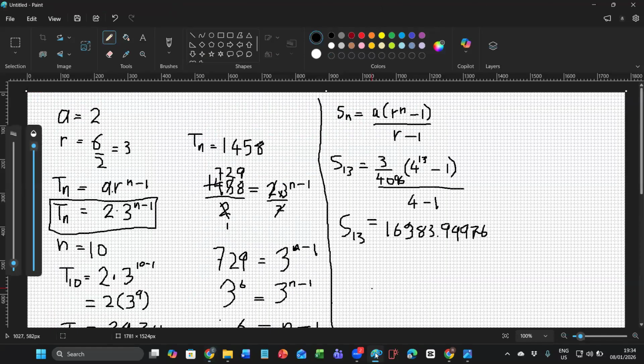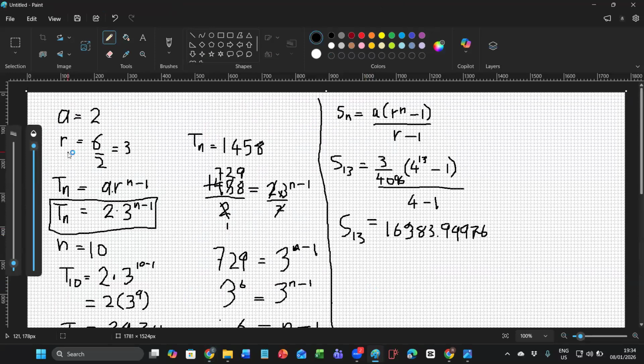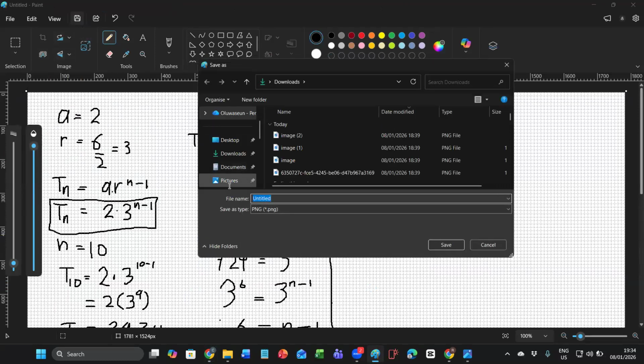Okay, do we have enough space here to do number 7? No. Let me just save this and open a new one. What's today's date? Let me save it with the date.